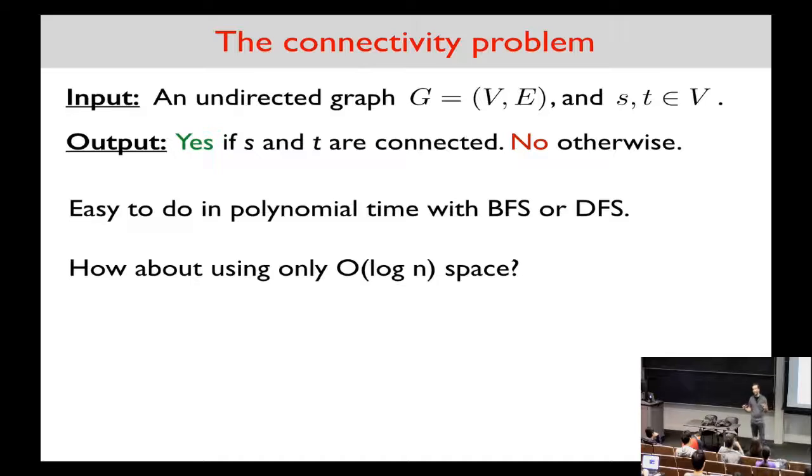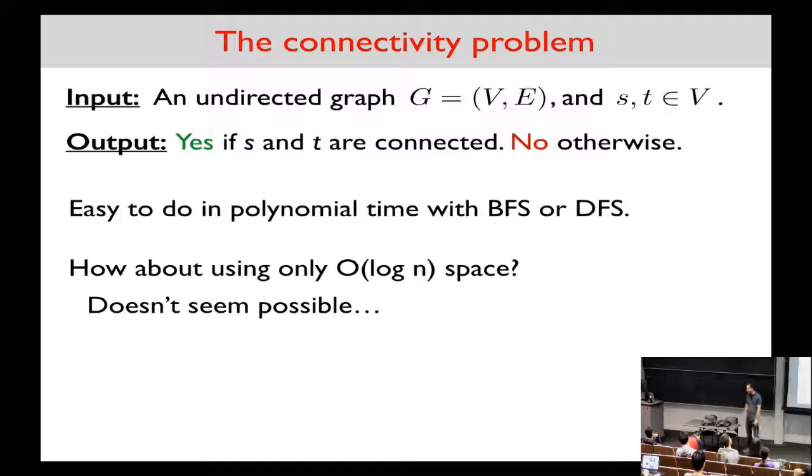Have you seen the movie? You have very limited memory. You can remember locally where you are, maybe local information, but you can't really remember a lot about the general structure of the graph. So how do you get out of the maze if you have such limited memory?